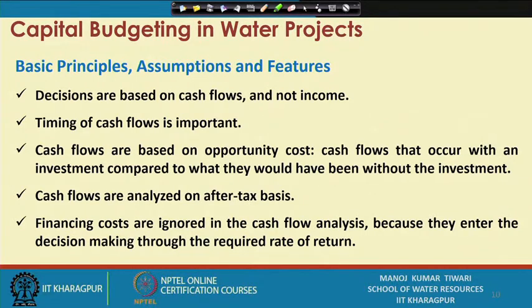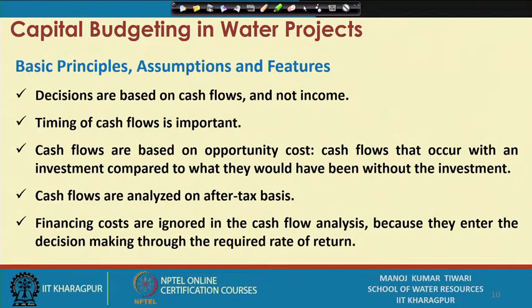Now, capital budgeting in water projects, particularly, there we need to understand and follow certain basic principles, assumptions and features of capital budgeting. The basic assumptions of capital budgeting include that decisions are generally made based on the cash flow and not the income. So, how much cash is flowing into the system?